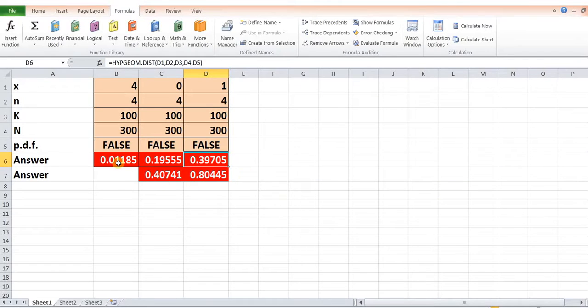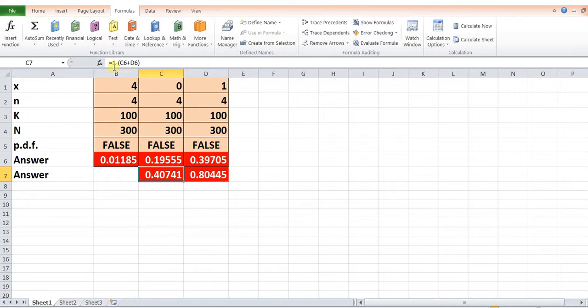And now, if you remember, the answer of our first case, that is the probability of x is equal to 4, is 0.01185. Similarly, this is the probability of our second case, that is 1 minus, in bracket, probability of 0 plus probability of 1. So this is the probability of x is equal to 0. This is the probability of x is equal to 1.